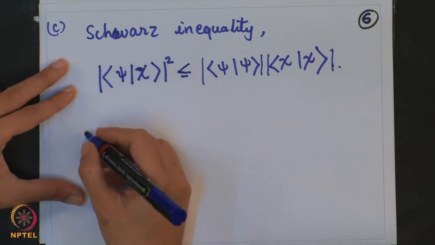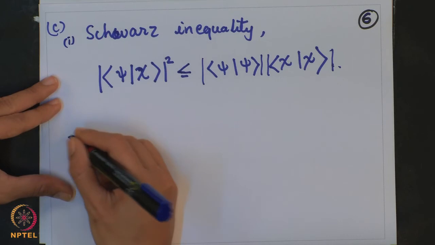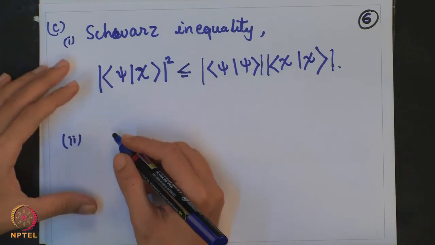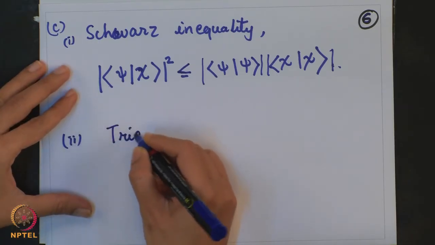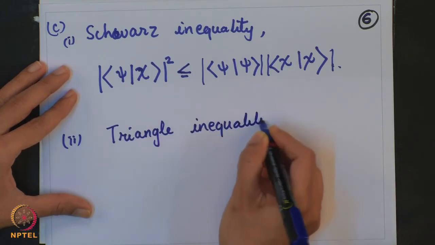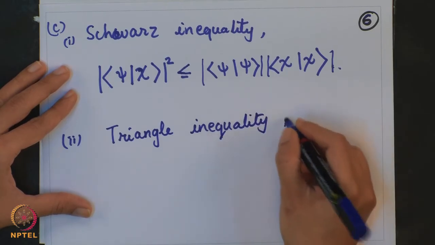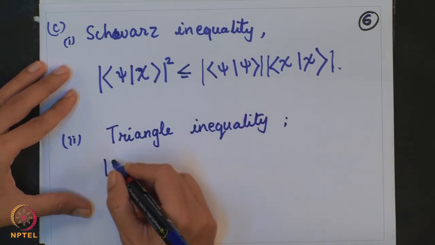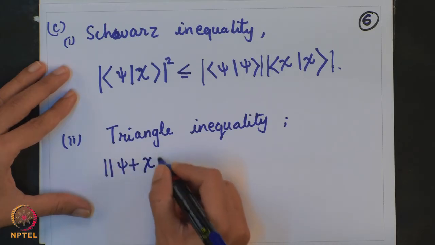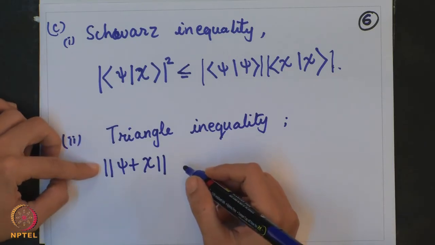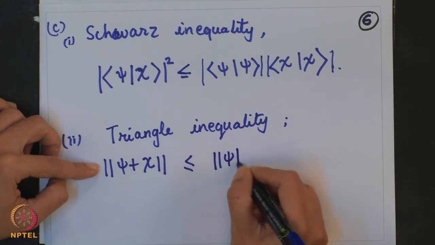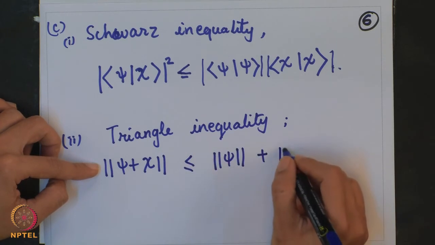So, this is one part, and in the second part we have to check the triangle inequality. We have seen it last time that you had checked that the norm of psi plus chi should be less than or equal to the norm of psi plus the norm of chi.